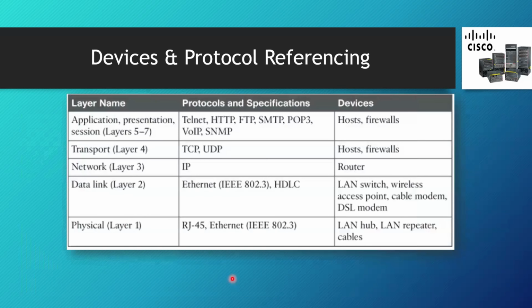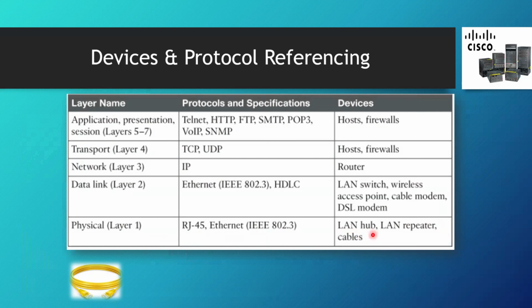Now, overall, this is the summary. In the physical layer, we talked about Ethernet standards and cabling, so protocols and specifications. We use RJ45 cable, so cable is part of our layer 1. There we use an RJ45 port and it maintains the Ethernet standard. As a physical layer device, we have the hub.